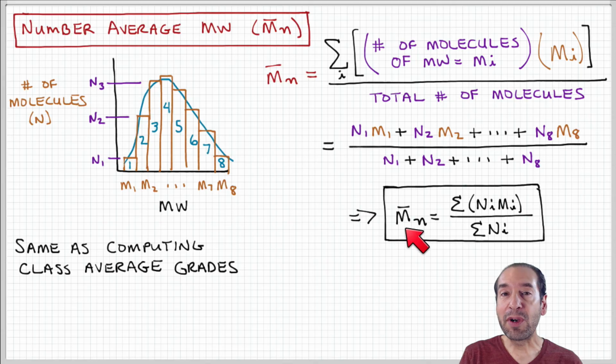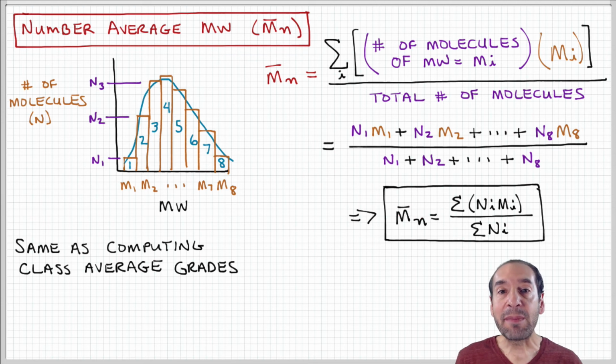We see that the number average molecular weight is the sum of the N_i M_i, the product of the height of the bar times the molecular weight associated with that interval, across all the intervals, divided by the sum of the number of molecules in all the intervals, the total number of molecules. And this gives me what's called the number average molecular weight.